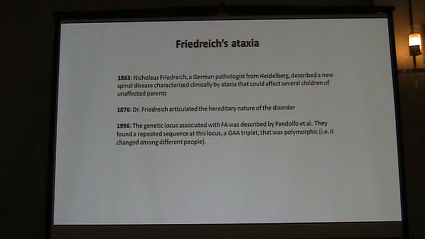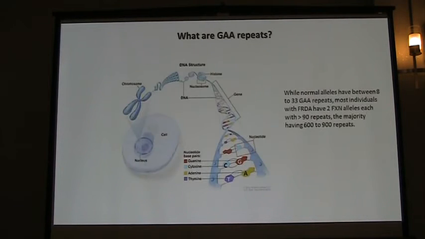It was identified by Dr. Pandolfo and his collaborators. They found that FA was associated with a location on the DNA that had a GAA triplet that was polymorphic. What does that mean? It means that it changed among people. So what is this GAA triplet?